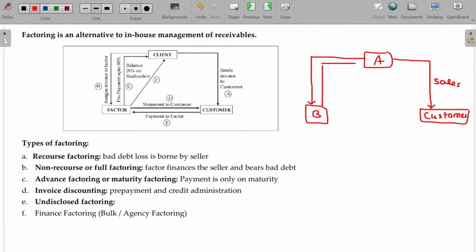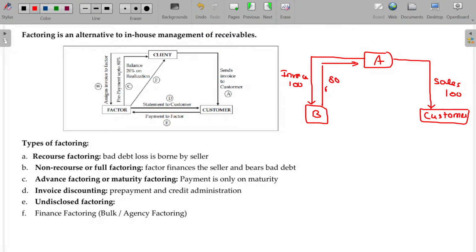B will remit a major portion ahead, 80%. Sales is made 100 rupees. Invoice sent to B that we need to collect this 100 rupees from various customers.